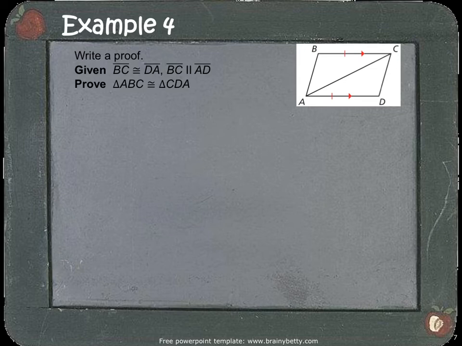So here, the picture's already labeled for us. They gave us that BC is congruent to DA and BC is parallel to AD. So here what I need to do is prove that this triangle, ABC, is congruent to this one, CDA.